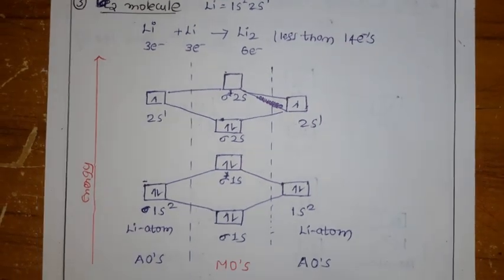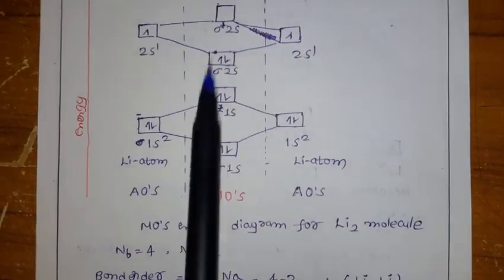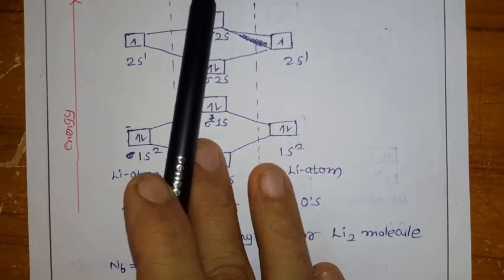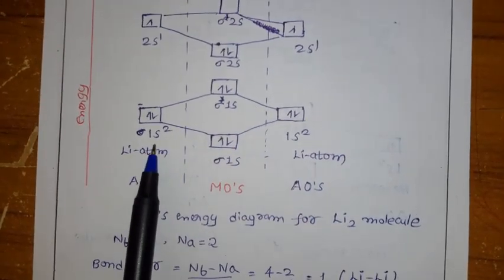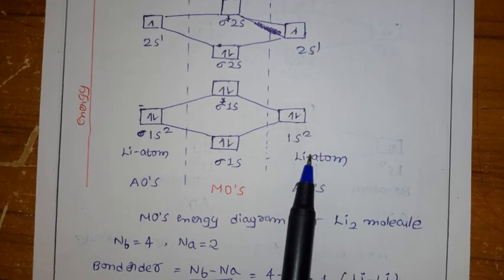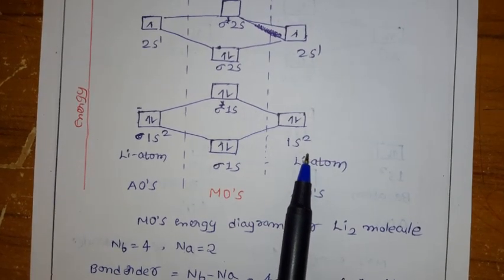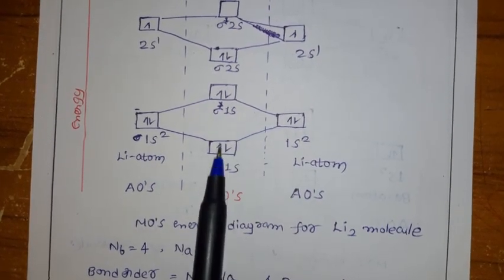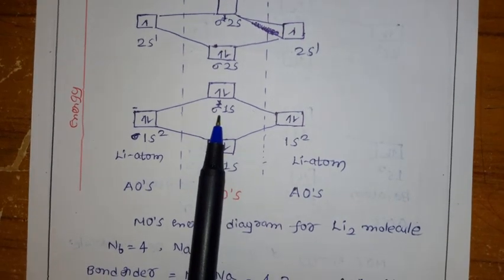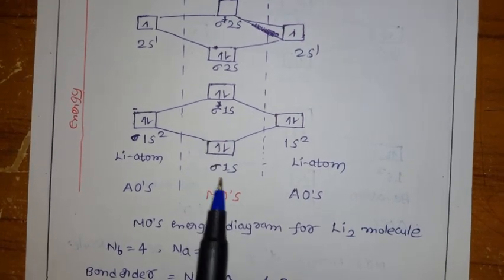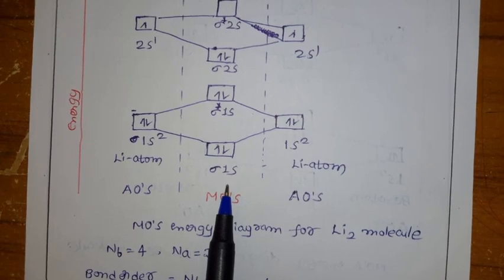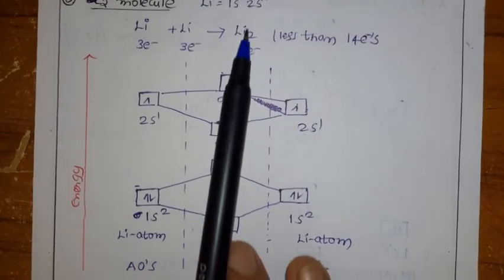Now come to the molecular orbital energy diagram. First, the 1s orbital of one lithium atom and the 1s orbital of the other lithium atom give 2 molecular orbitals. One is antibonding, sigma star 1s, and the other is the bonding molecular orbital. Next we have 2s.